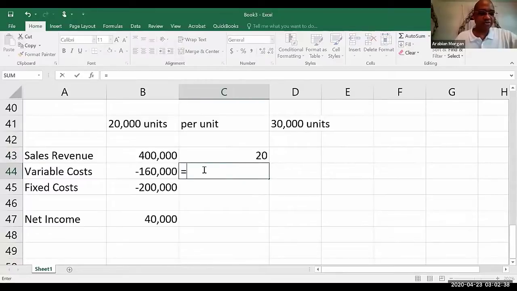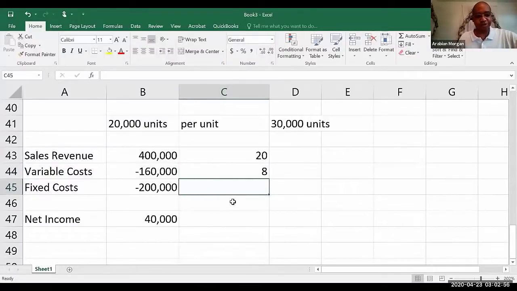And then I could also find the per unit amount for the variable costs. So that's going to be $160,000 divided by 20,000 units, giving me $8 per unit.